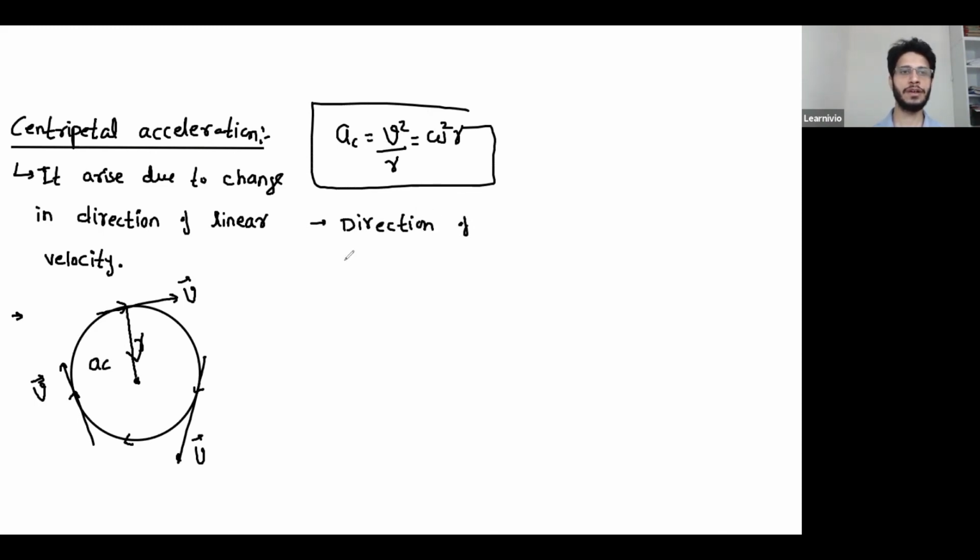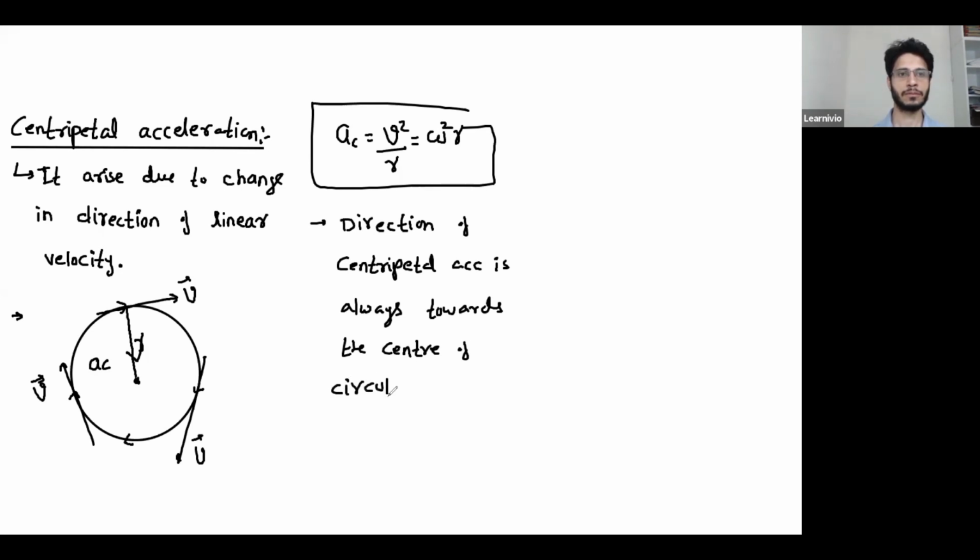The direction of centripetal acceleration is always towards the center of the circular path. This is the direction of centripetal acceleration, and its magnitude is v squared by r, or you can simply write this as omega squared r.